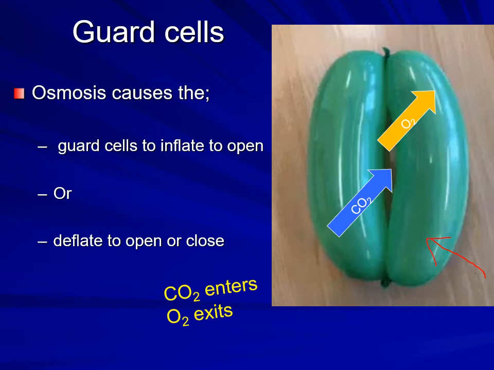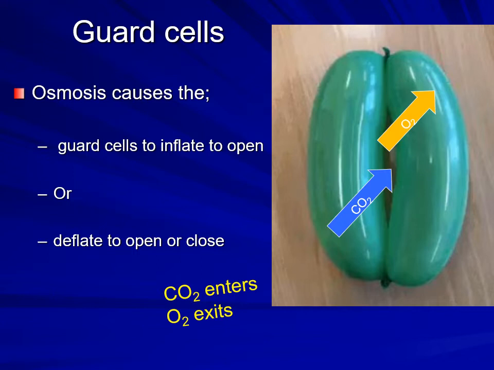No. So sometimes the fact that it's relying on water pressure to open the guard cells will also help prevent the leaf from losing water in cases of extreme stress, because the guard cells stay stuck shut, and that prevents water vapor from evaporating from the center of the leaf. So at a later time, you may look into something called stomatal conductance, where we measure how much air is moving in and out of stomata.